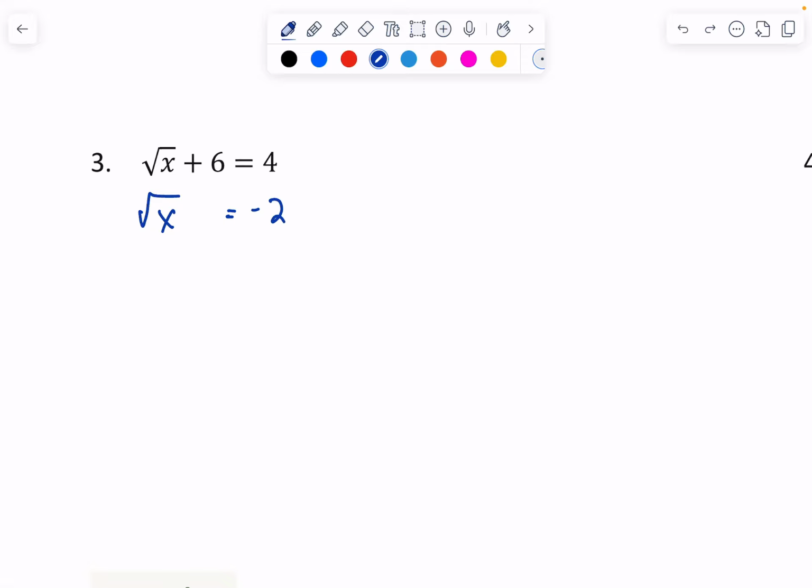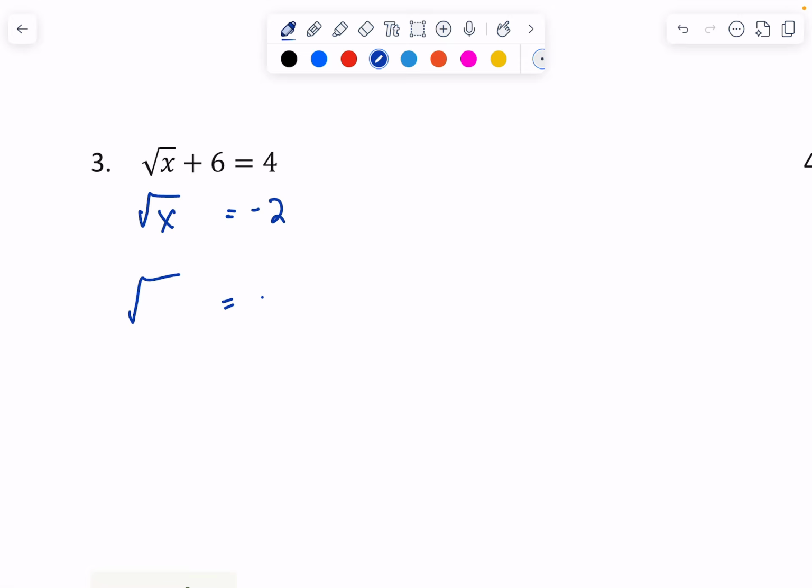For example, square root of 36, 6, the square root of 81, 9, and so on. There is no value that I could take the square root of that would produce a negative number, right? In this case, -2. So you basically realize that because there's no value for x that will ever make this true, this has to have no solution. Okay, let's keep going with the next one.